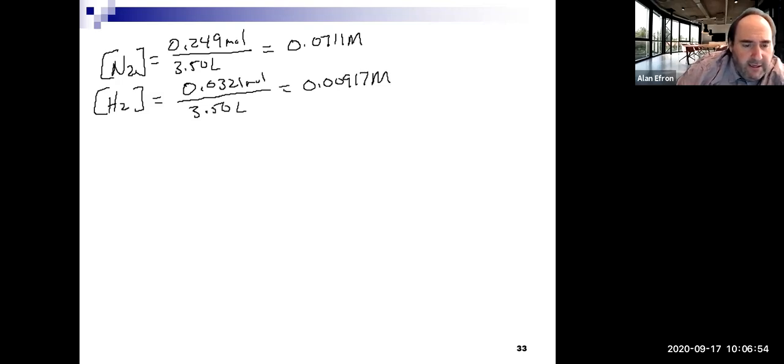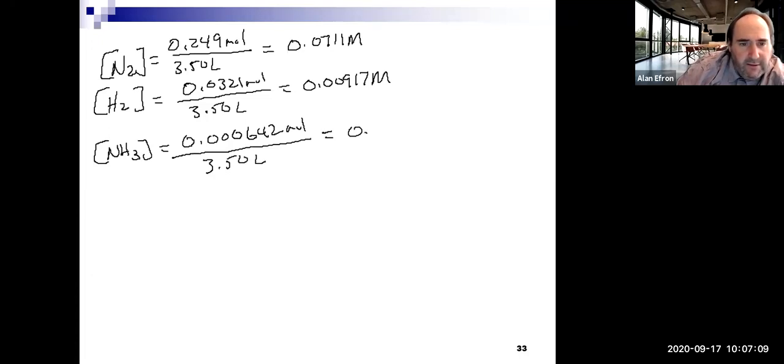And lastly, our NH3 was 0.000642 divided by 3.5 liters, 0.000183 molar. So that's just calculating molarity like you've done hopefully a number of times at this point.